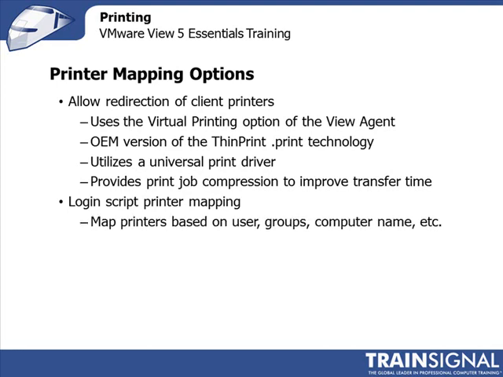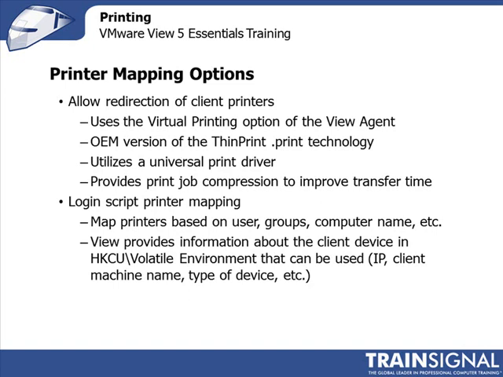It's by far the most flexible way of determining which printers to map, because you can use normal scripting logic and can be based on username, groups, computer name, client IP address, or any other variable that you can use in a script. You can also do it based on client information, because View will automatically pass that information from the client to the View agent and place it into the HKey current user volatile environment registry entry, thereby making it accessible to any script.